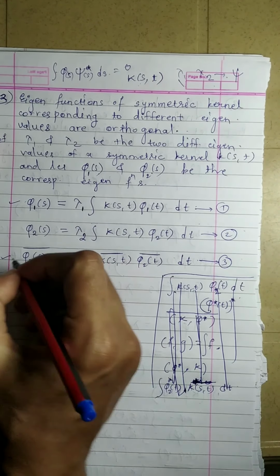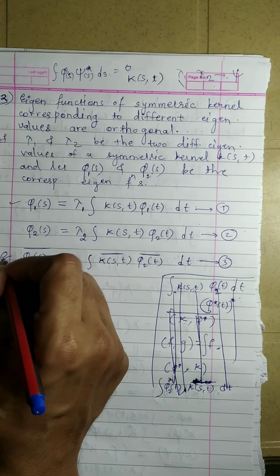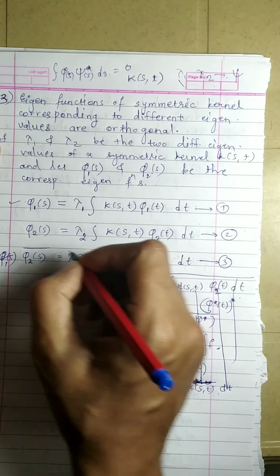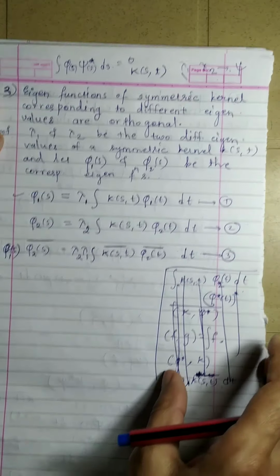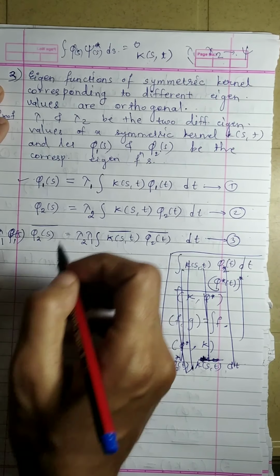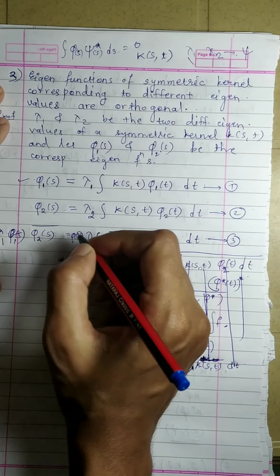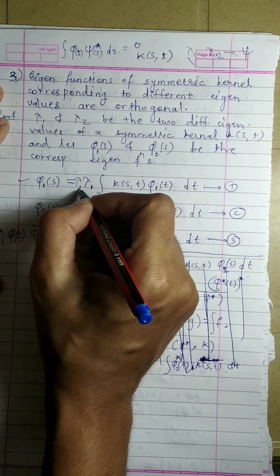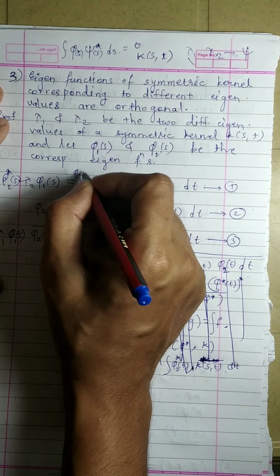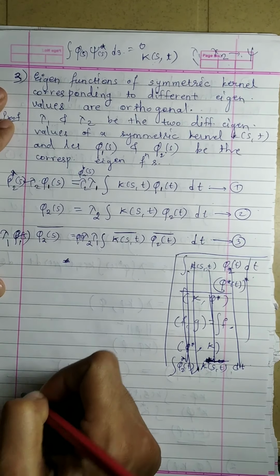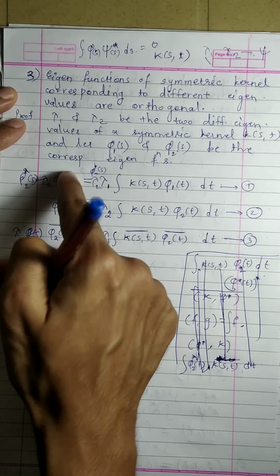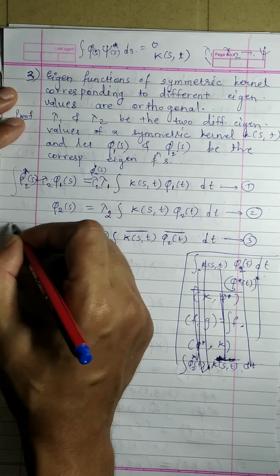We'll multiply this equation by lambda 1 and phi 1 of s, and I will multiply this equation by lambda 2 and phi 2 of s conjugate. Now how will these two equations look? This one will be, and then integrate it with respect to s.